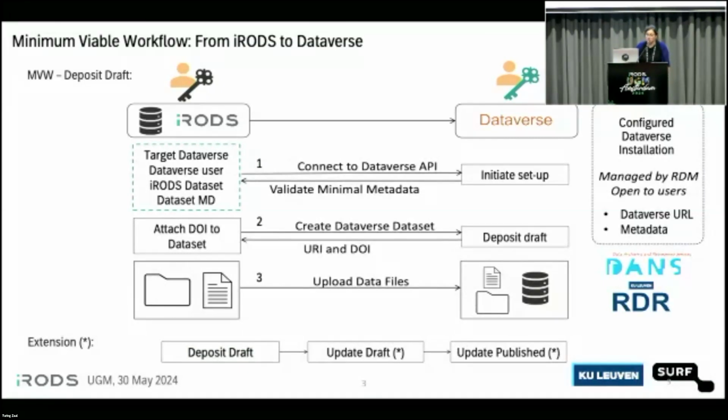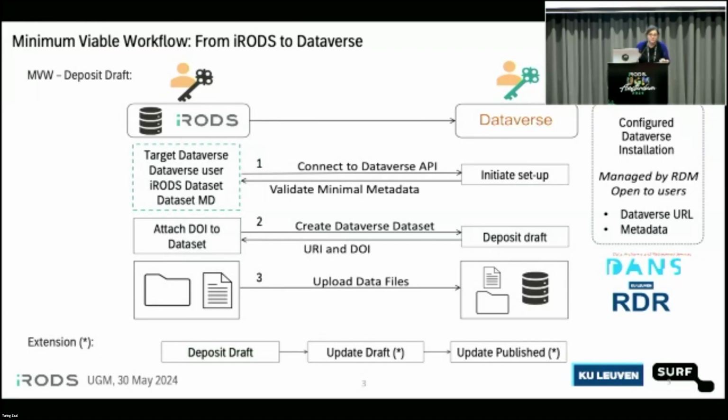So as long as the minimal metadata are validated, the process continues, and the script that we have implemented will deposit the draft in the Dataverse installation that is selected, and the DOI will be returned and attached to the data objects that are sent for publication.